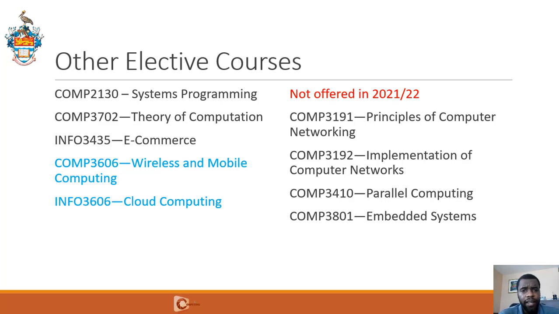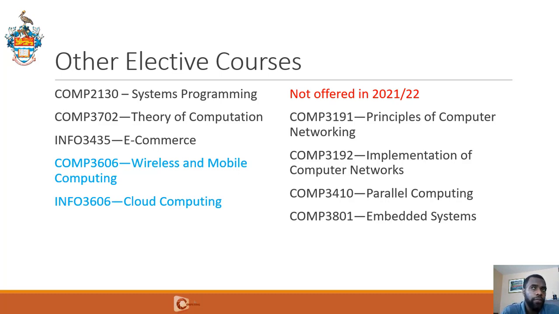And then this year, for the first time, we are going to allow or collaborate with the St. Augustine campus to make some of our courses available to them, and they are also making 2 of their courses available to us. There's Comp 3606, Wireless and Mobile Computing, and Info 3606, Cloud Computing.